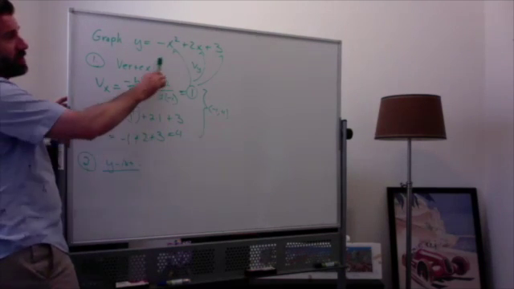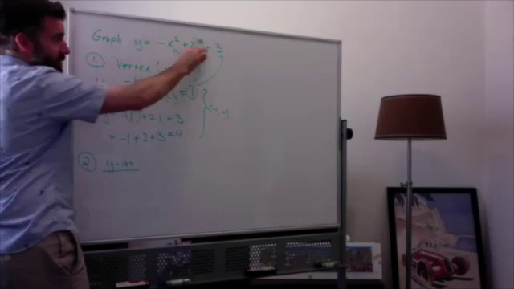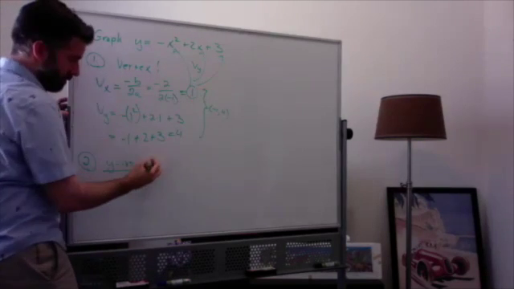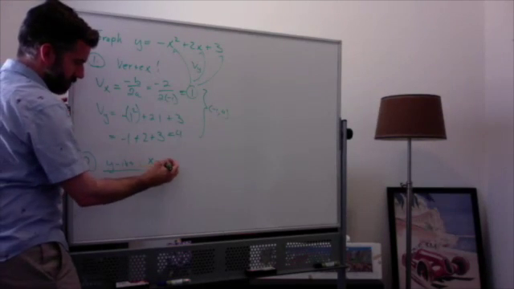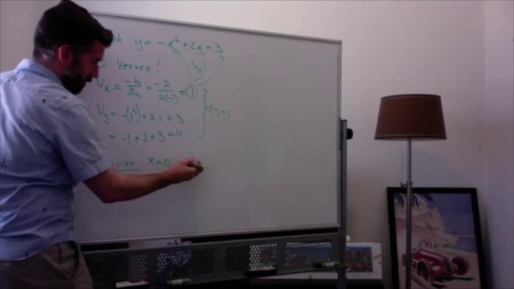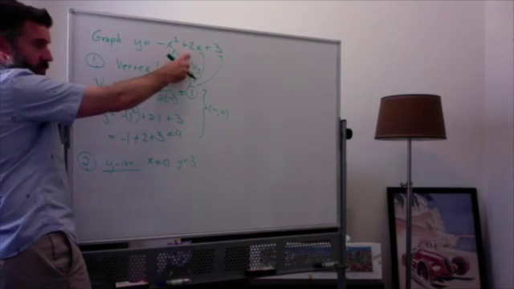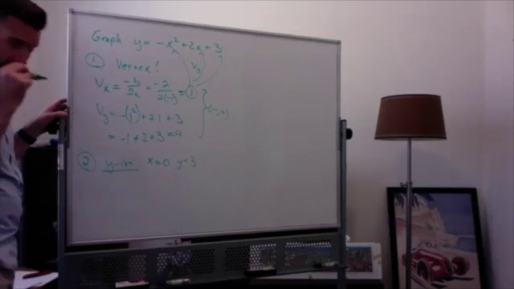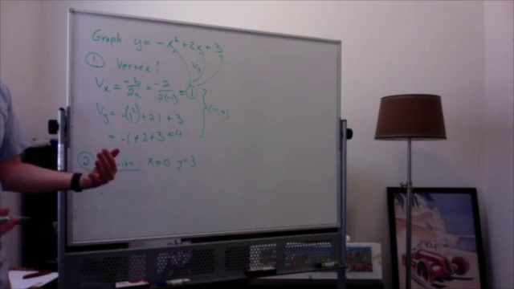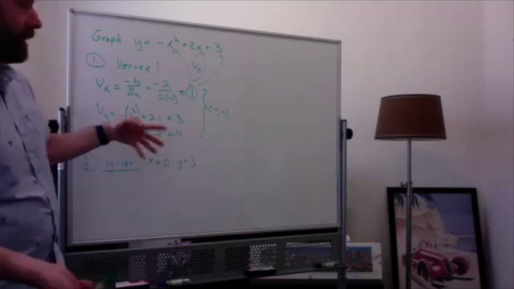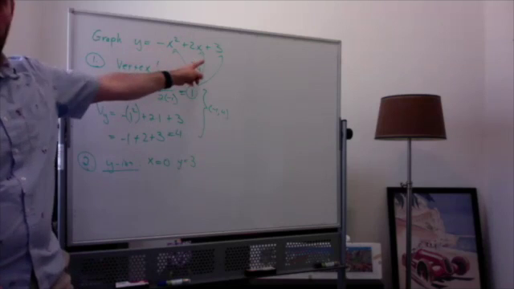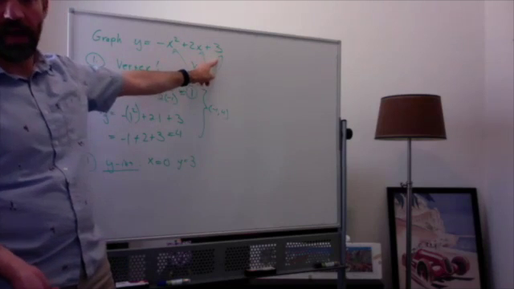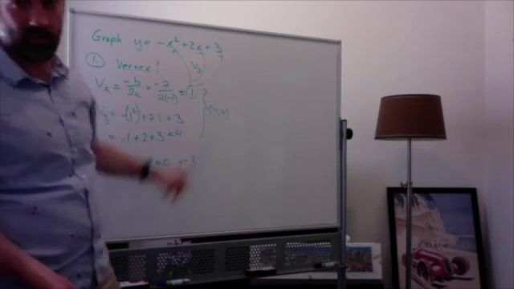If you set x equal to 0, this part's just 0, this part's just 0, and you get 3. Right, because 0 squared is 0, 2 times 0 is 0, and 0 plus 3 is just 3. And in general, if it's written in the usual standard way, the y-intercept is always just going to be that last value there, the constant term.